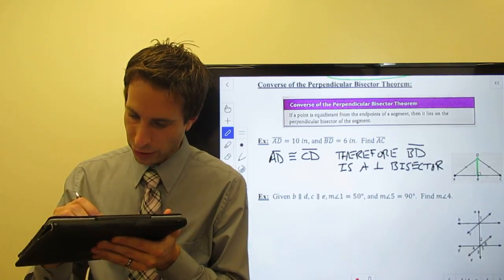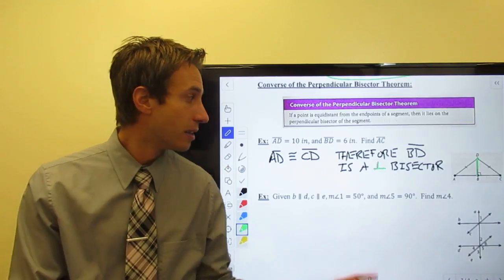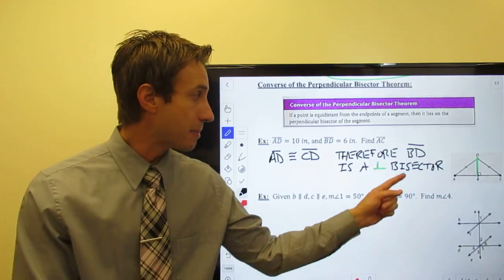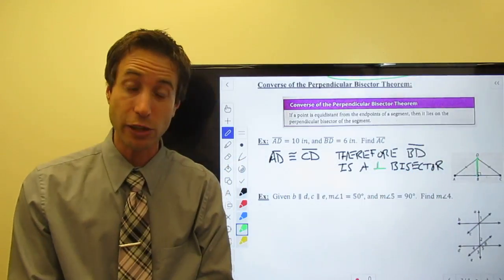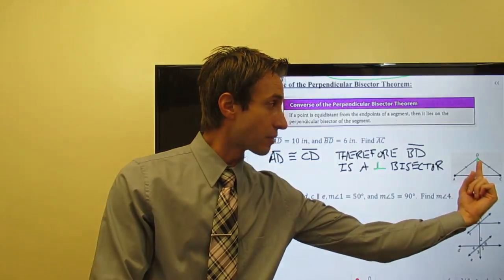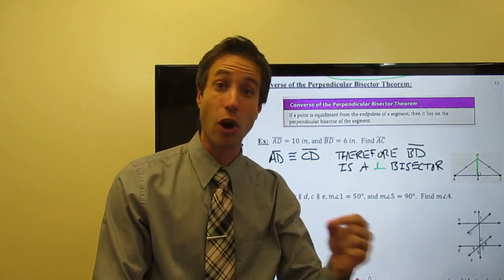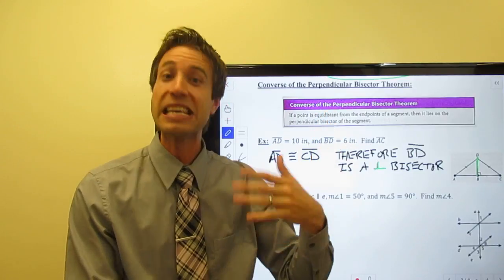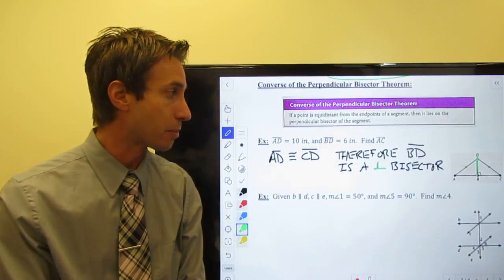Remember that guy right there in green? That is our symbol for perpendicular. So that means that BD is a perpendicular bisector. I know that thanks to this converse theorem. If those distances from any point to the endpoints are congruent, the theorem says it must be a perpendicular bisector.